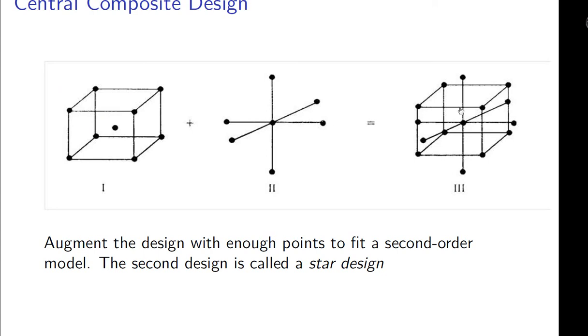Although this picture isn't the greatest, these are axial runs that are not necessarily on the face. So this one is off the face here, this one is off the front face, this is off the back face, and as you can see better here from the top face and the bottom face respectively, that these are axial rather than face-centered runs. So this is a traditional or classical central composite design.